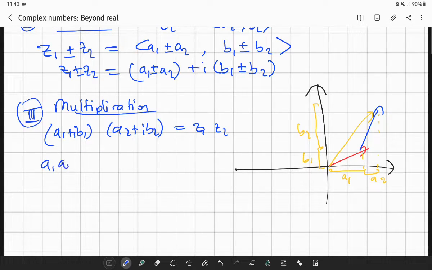So I have a1 a2 plus i a1 b2, i a2 b1, and then I have i squared, which is minus 1, times b1 b2.